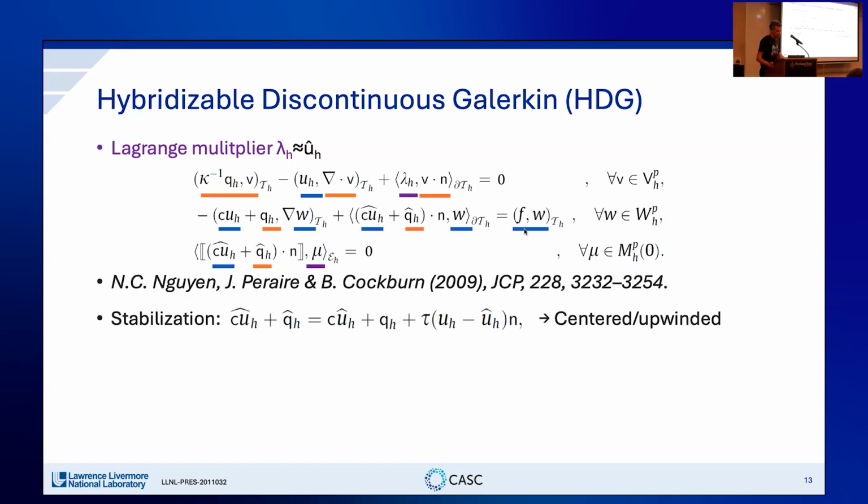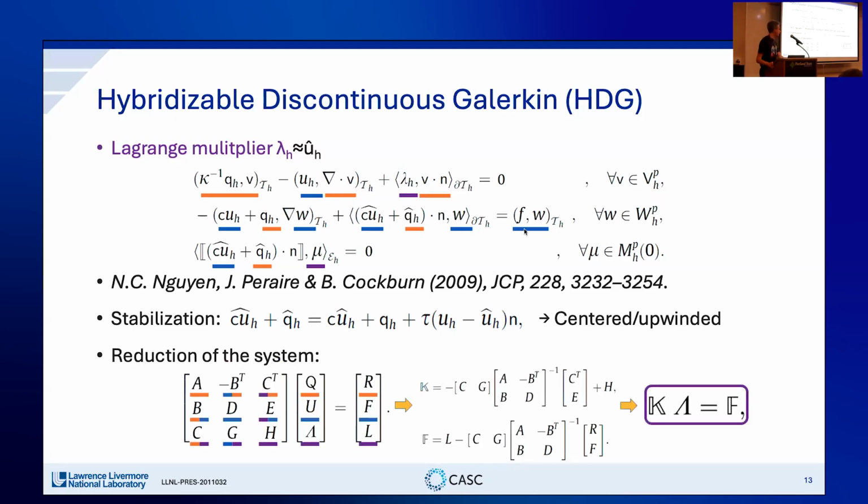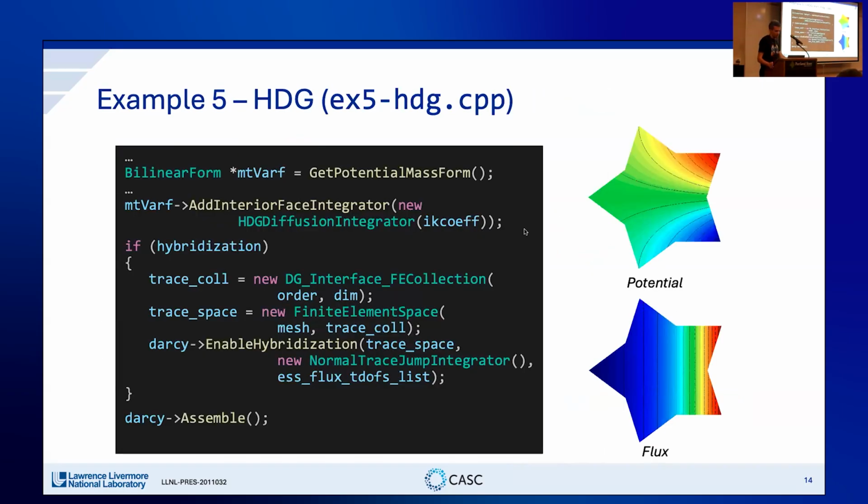What's the stabilization? We have centered or upwinded schemes implemented for both diffusion and convection. You can choose either, you can combine them. But in the end, again, you get such a system which is reduced to just that single equation for the traces.